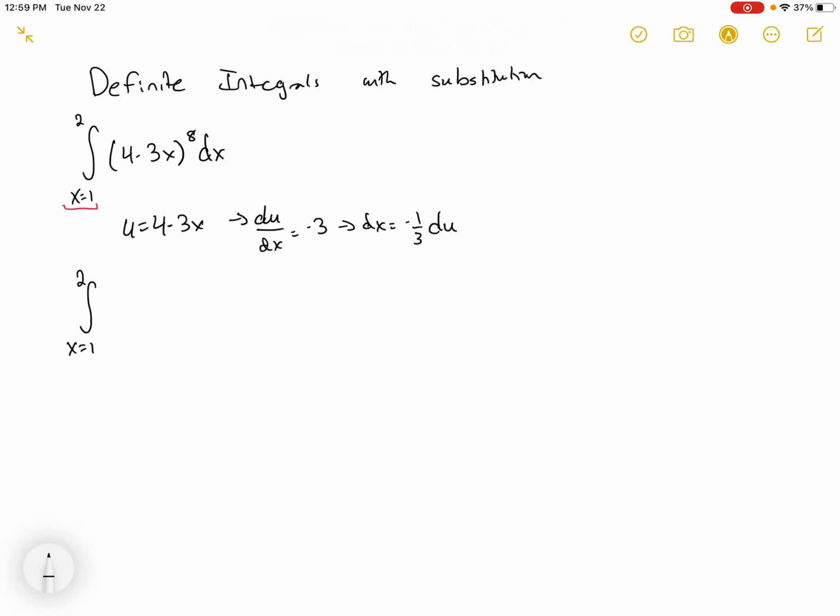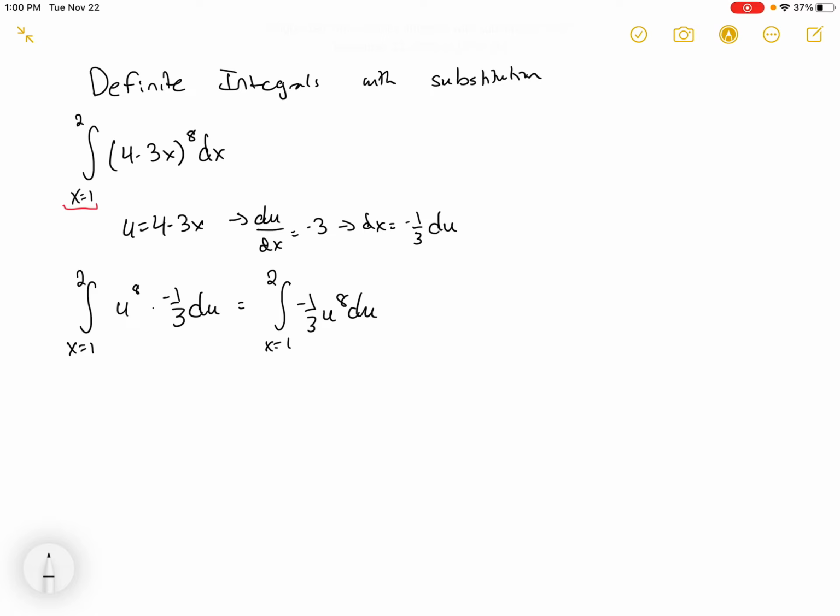So (4 minus 3x) to the 8th becomes u to the 8th, and the dx becomes negative 1/3 du. Just quickly rewriting, that's from x equals 1 to 2 of negative 1/3 u to the 8th du.